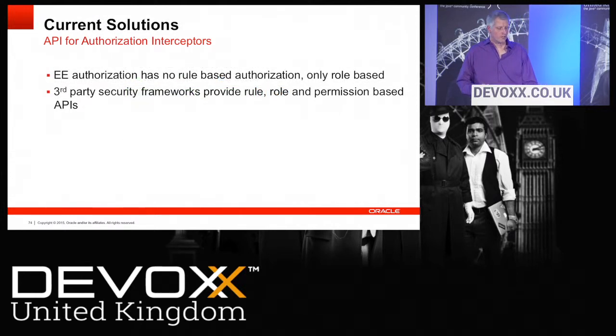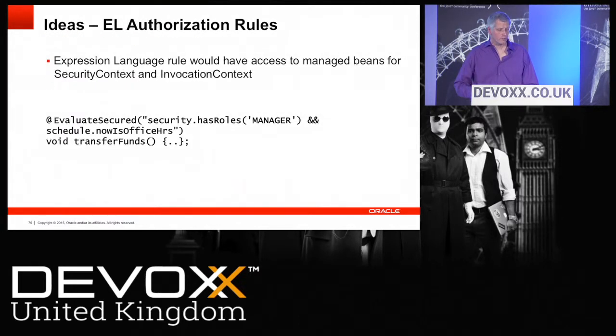Currently, Java EE authorization has no rule-based authorization. It's only role-based. However, third-party security frameworks do provide role, permission and rule-based APIs.